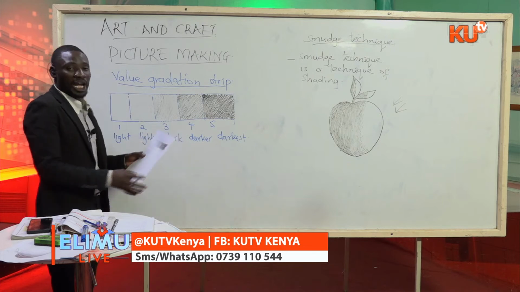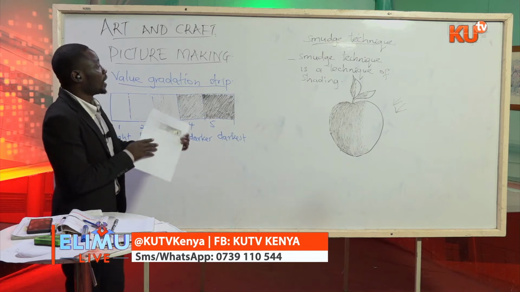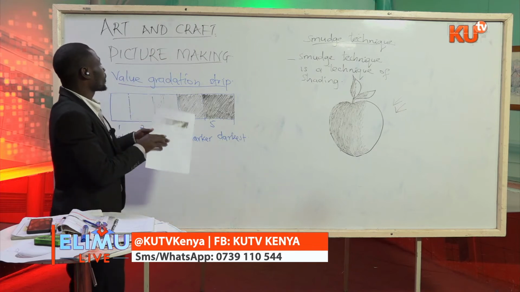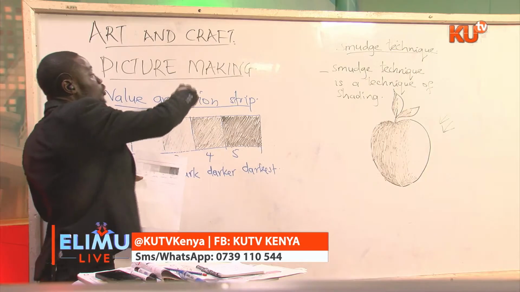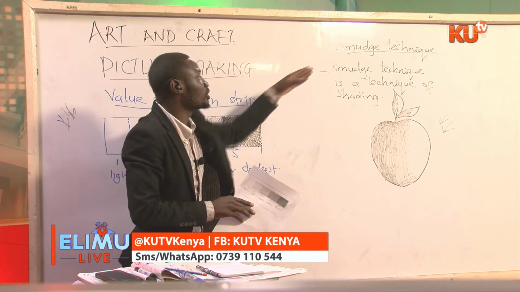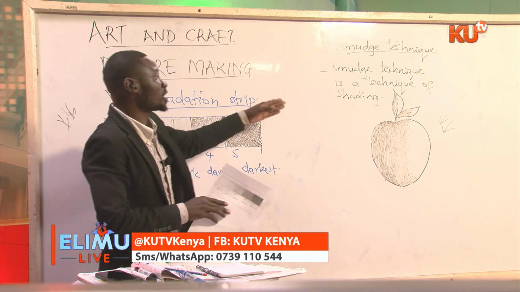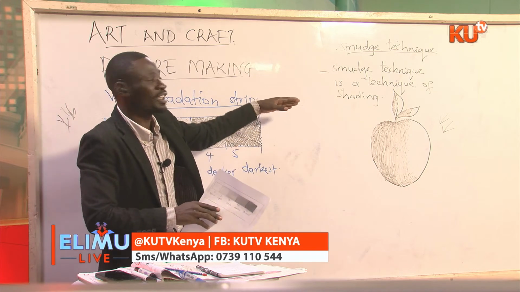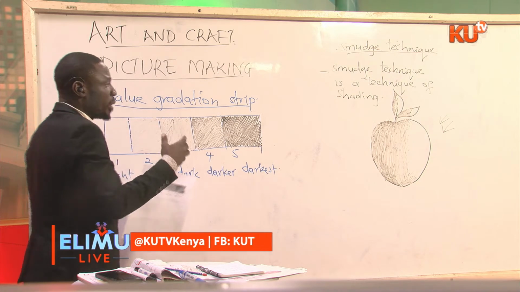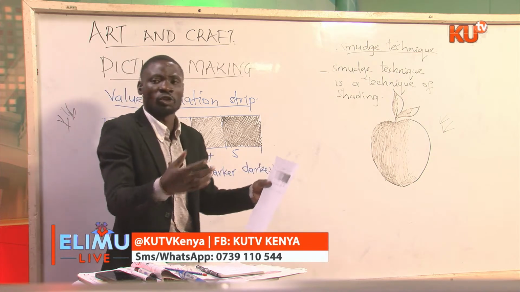But I want us to remember that we were talking about picture making, and picture making through drawing by using the SMUDGE technique. The SMUDGE technique is a technique of shading. Shading can be done to create tonal value.